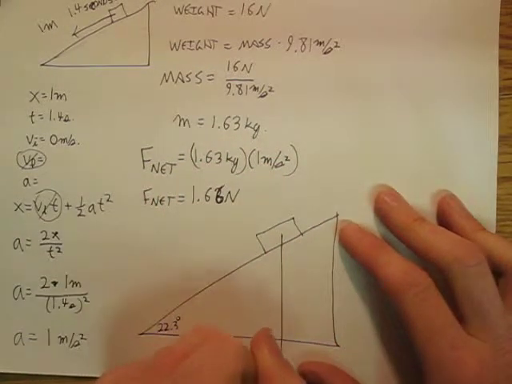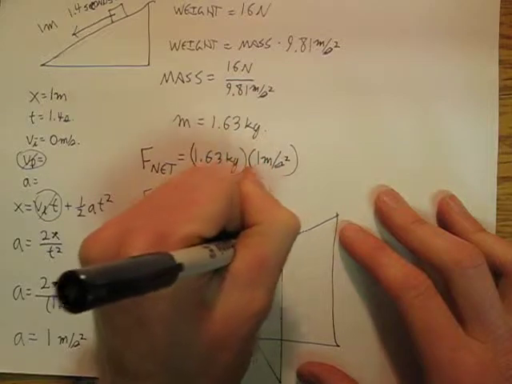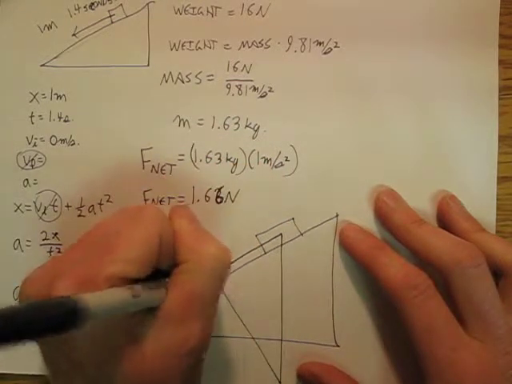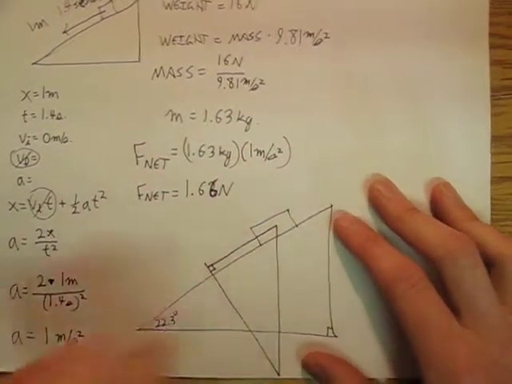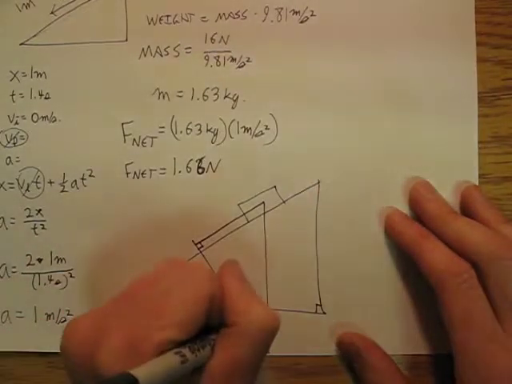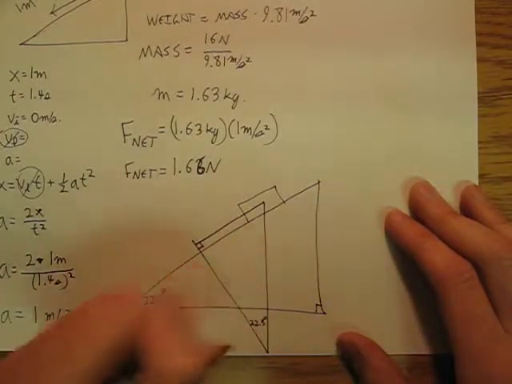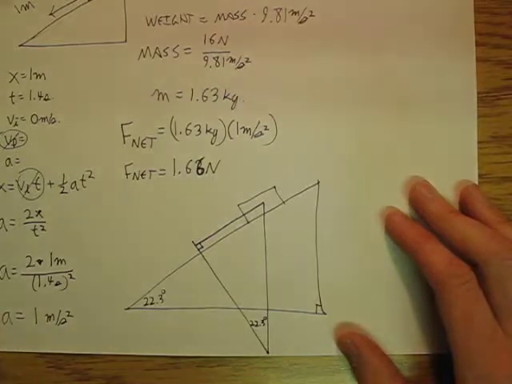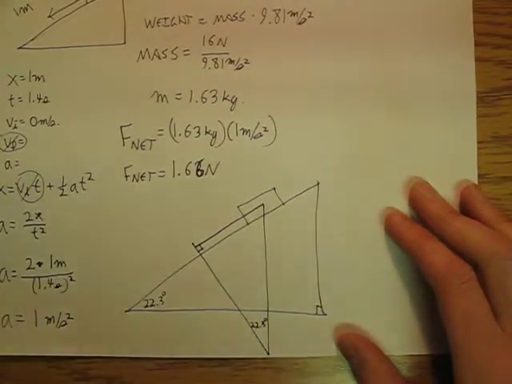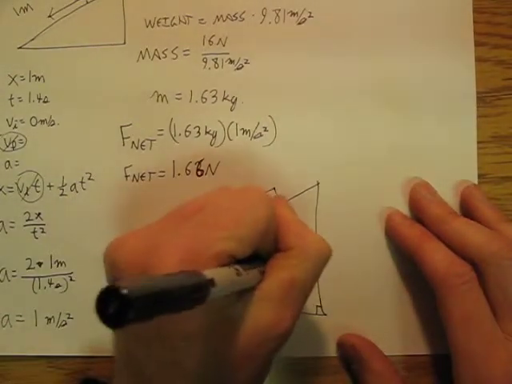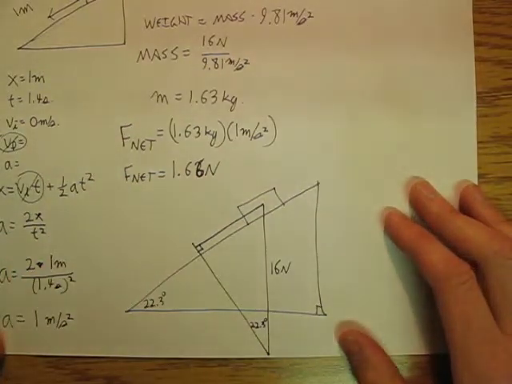I'm going to have another right triangle that looks like this. This is going to be 22.3 degrees. From the previous lecture, we figured out this is 16 newtons. We measured that in the lab.